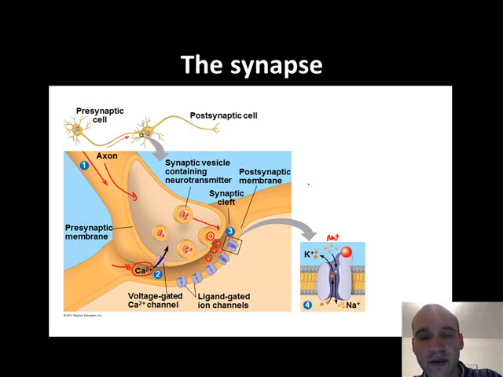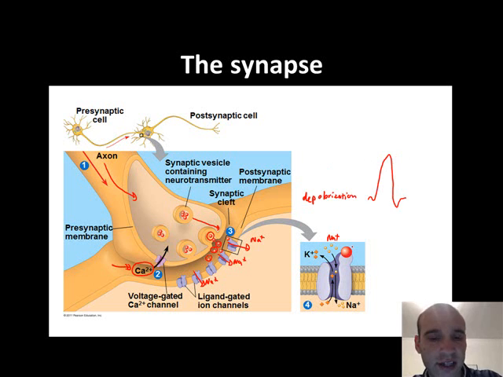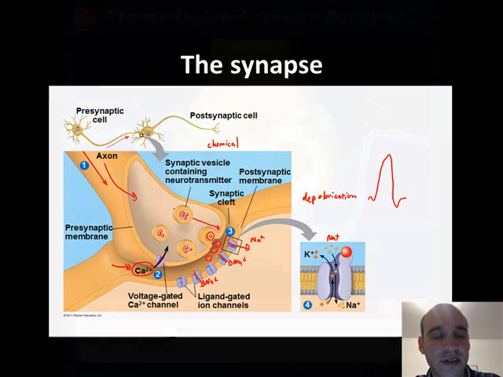If this signal is strong enough, so that you're getting enough sodium ions entering, because that is the goal if it's excitatory, then that will cause a depolarization on the postsynaptic neuron. If that's depolarized, then we can generate another action potential, and then we're going to send the signal down the next neuron. And so this is a chemical synapse, because we're using these neurotransmitters.